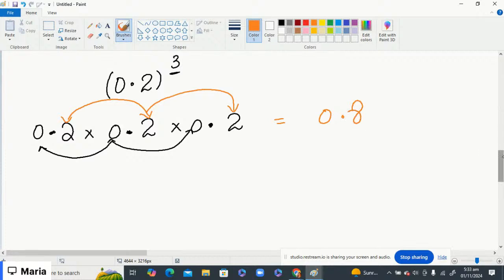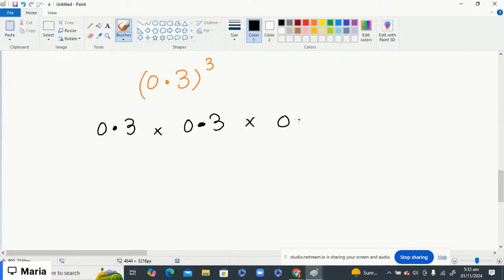Okay, let's do the next one. Then you guys tell me. It's 0.3 power 3. So how can we solve it? 0.3 power 3. So we are just going to write it as 0.3 times 0.3 times 0.3.